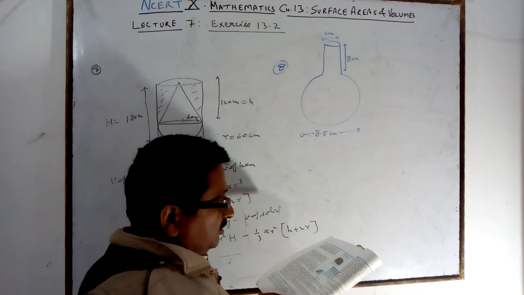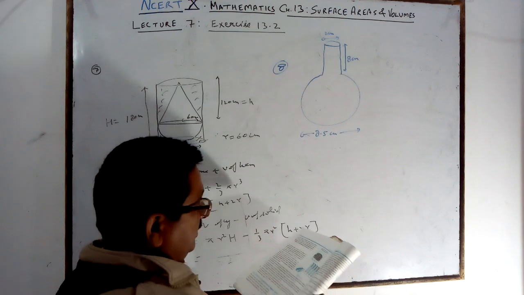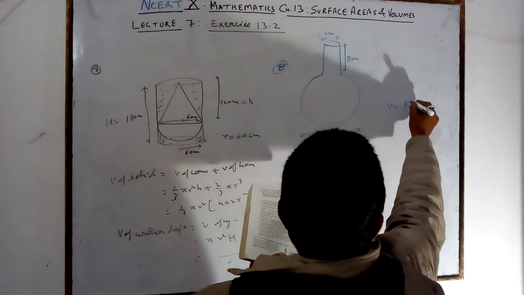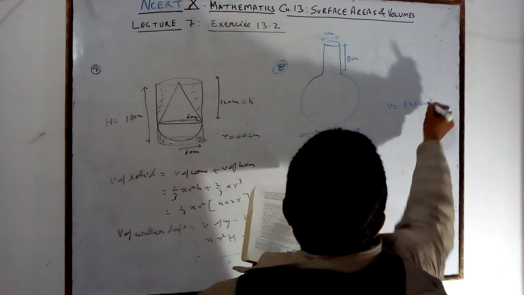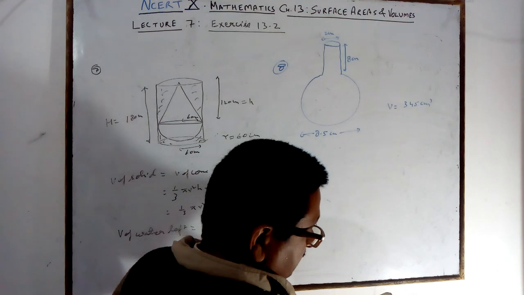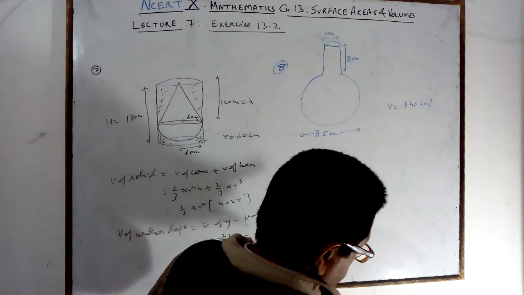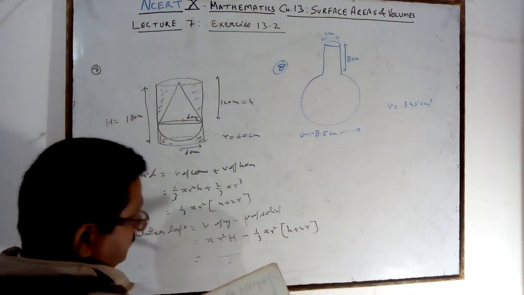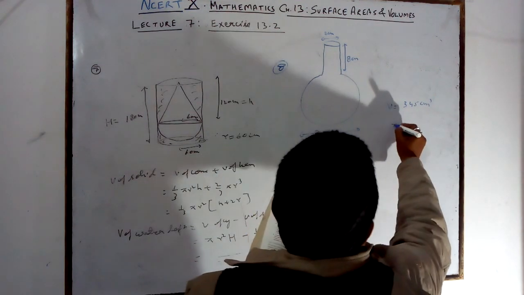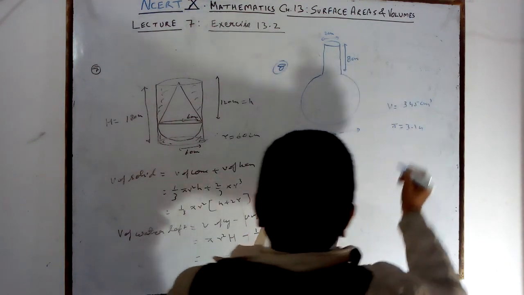By measuring the amount of water it holds, one child found its volume is 345 centimeter cube, another found 340 centimeter cube. Pi is given as 3.14.